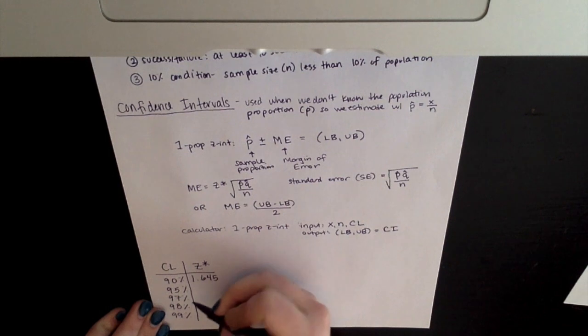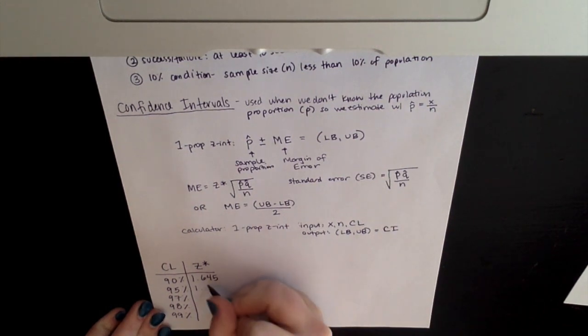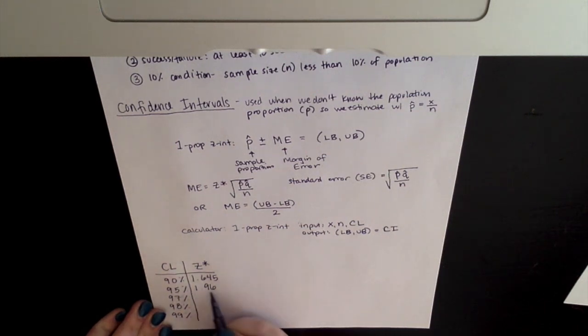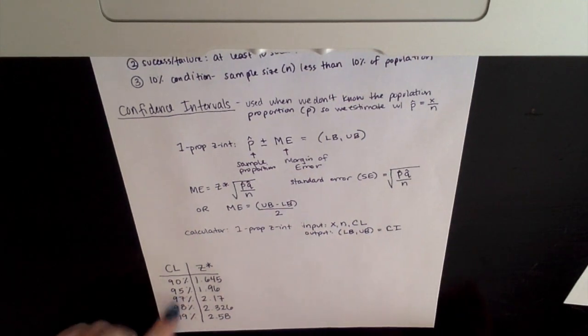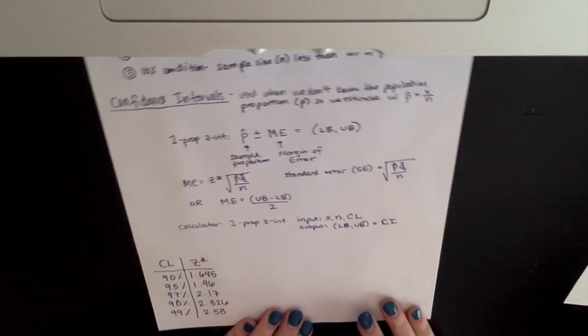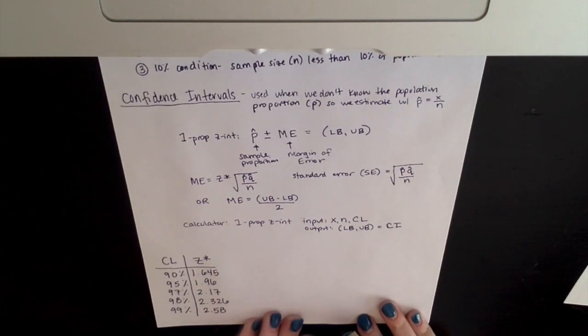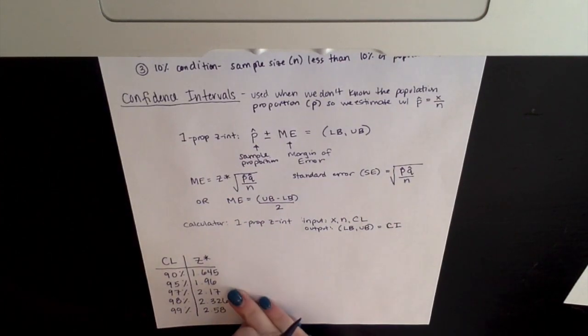The first z-star is 1.645. This would be 1.96, so 95% of the middle lies about 2 standard deviations away from the mean. This one is 2.17, 2.326, and this 99 is 2.58. If we need these values in the final formula in this chapter, we would grab them from this table.